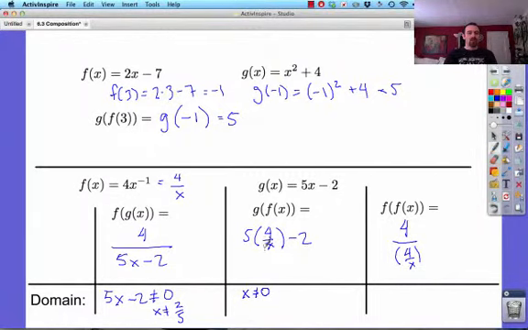The numbers that can come out of here are real numbers except for 0. But notice that anything can go into g, that's okay. So anything that could possibly come out of f can go into g. And since anything that can go into f is all numbers except for 0, our domain is all numbers except for 0.